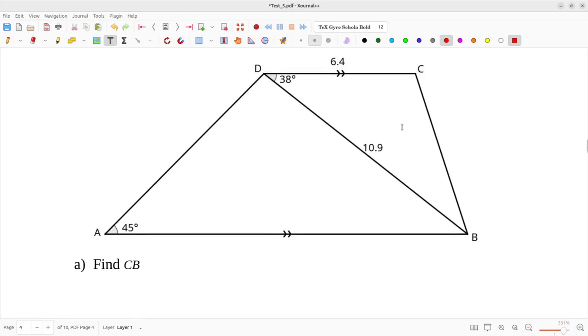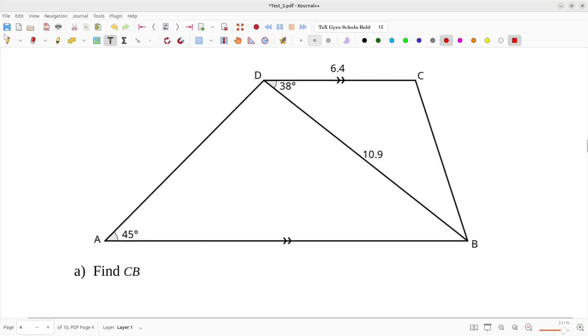Find CB. Where is CB? It's in triangle DCB. This is CB. And then what are we given for this triangle? That's CB. There is no 90 degrees in that triangle.